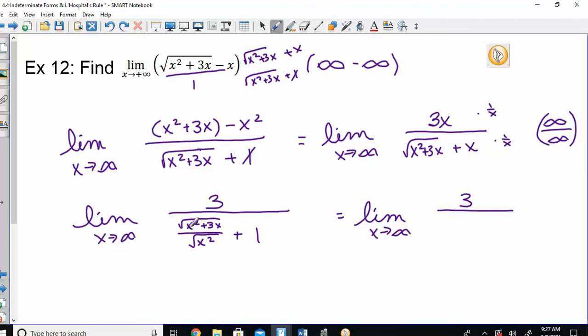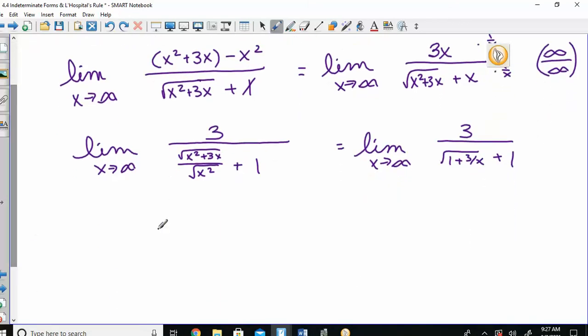Okay, so under that square root, I'm dividing by x squared, so we get 1 plus 3 over x. So now we have 3 over the square root, 1 plus 3 over infinity is going to 0. So we get 3 over 2.